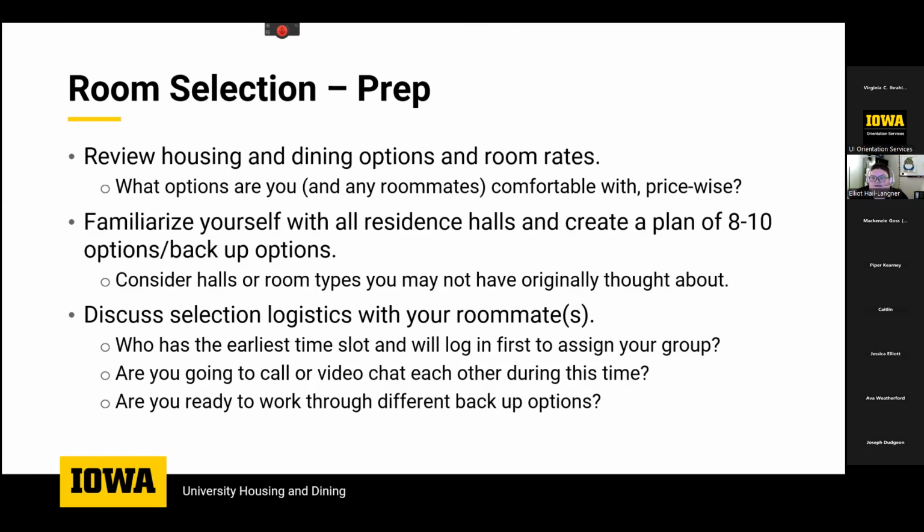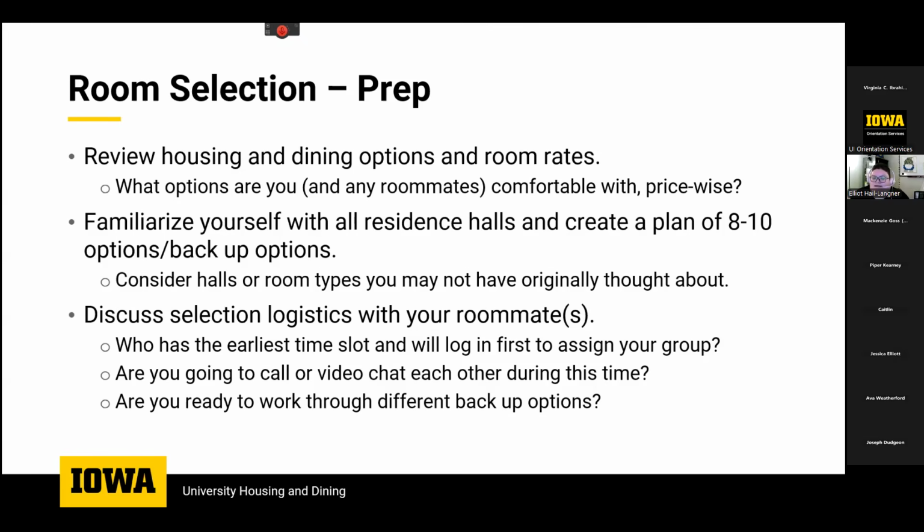Because there are different options at different price levels. So make sure that you're having those conversations of what are we comfortable with as a group? And then make sure that you are familiar with all of our residence halls and create your plan of about 8 to 10 options and backup options.